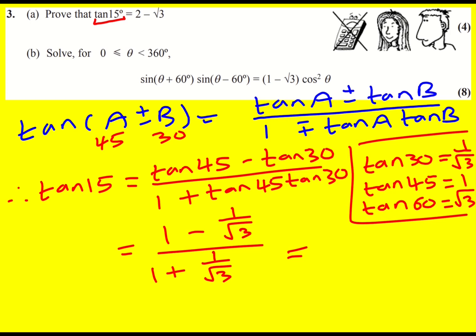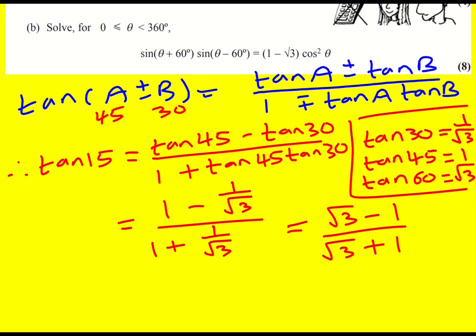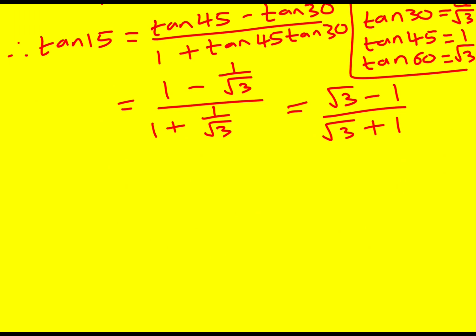I've got fractions and surds going on. I'm going to multiply top and bottom, and I'm not going to rationalize the denominator yet. Because I've got a fraction within a fraction, I'm going to times through by root 3. And now I think I'm going to need to rationalize the denominator.